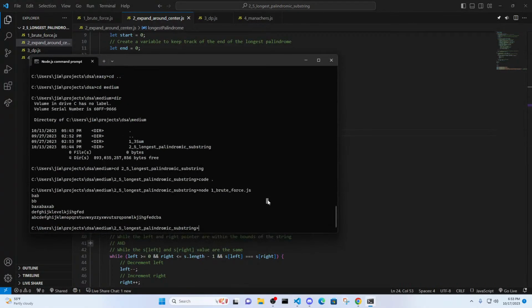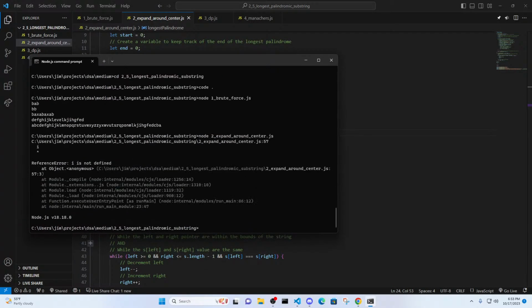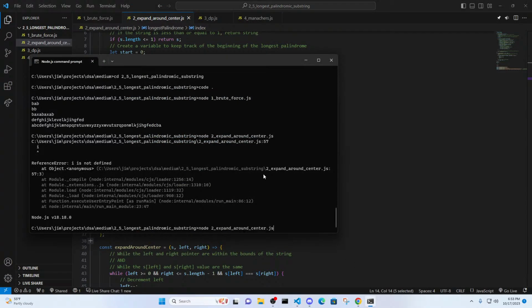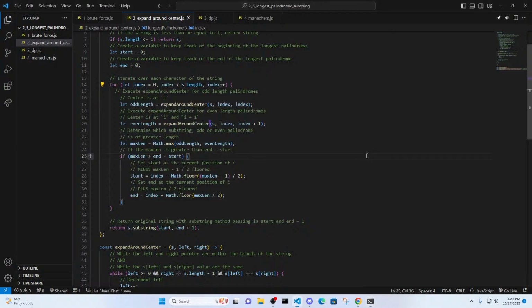Let's test this out. I is not defined. Oh, that's index. Okay. I think I can assemble this. Are you using I somewhere else?